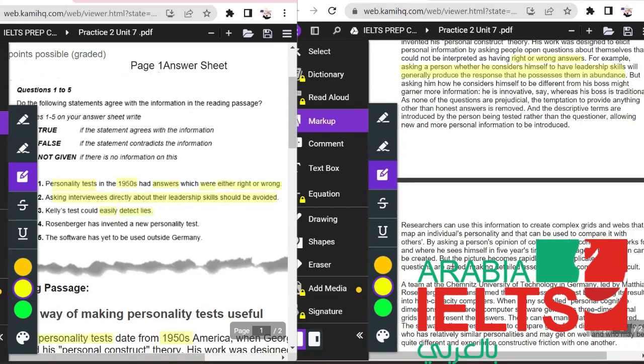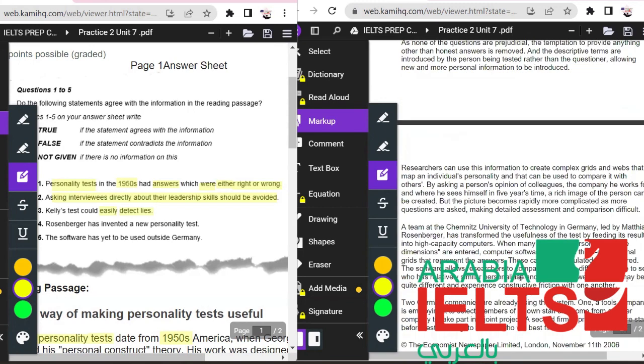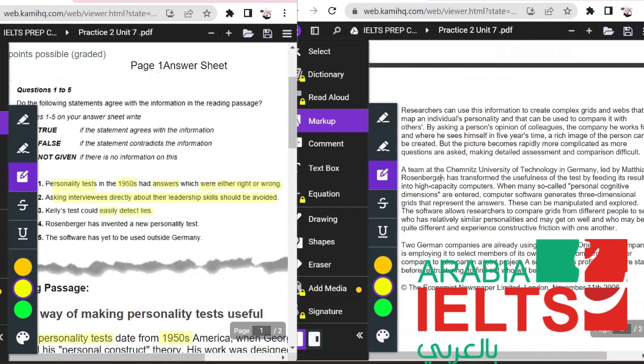It says here, researchers can use this information to create complex grids and maps of individual personality, and that can be used to compare it with others.